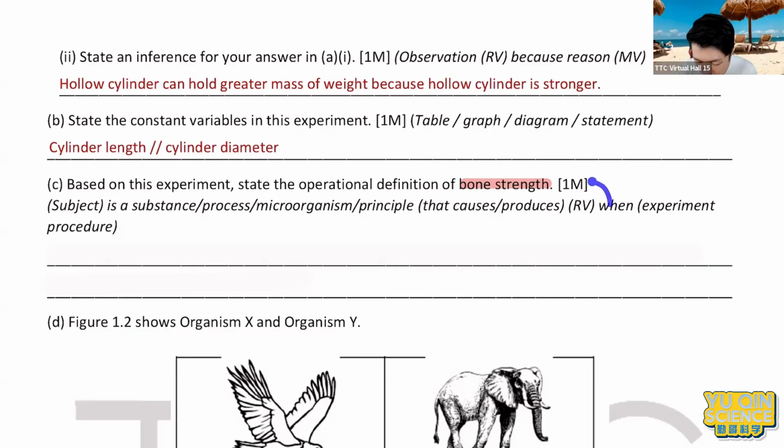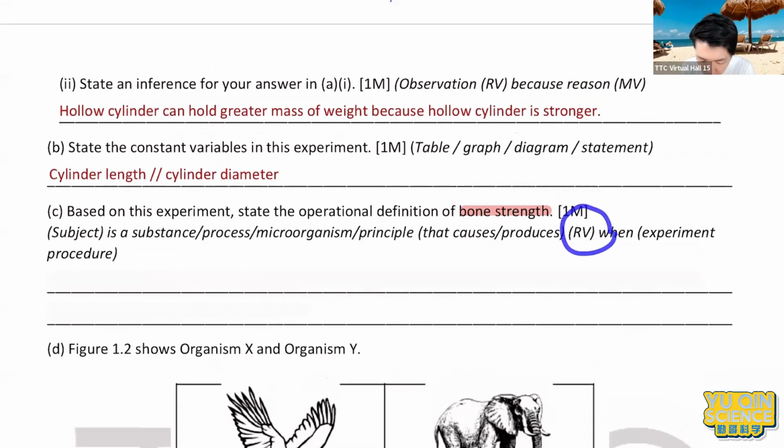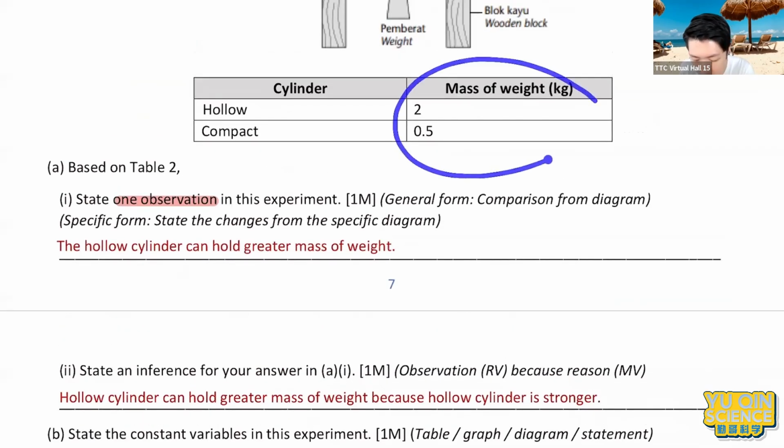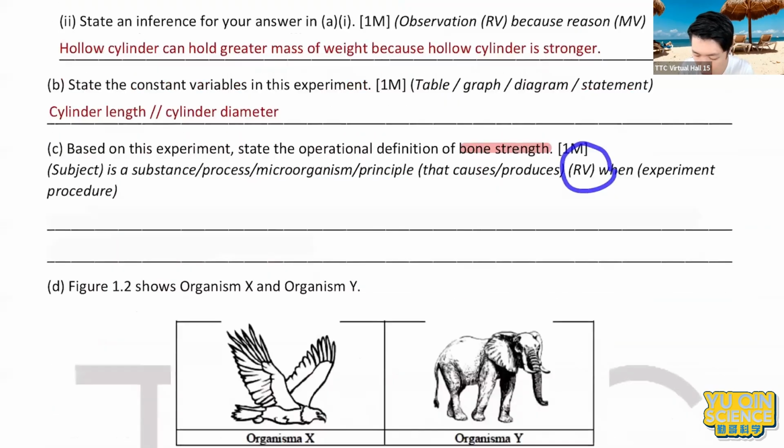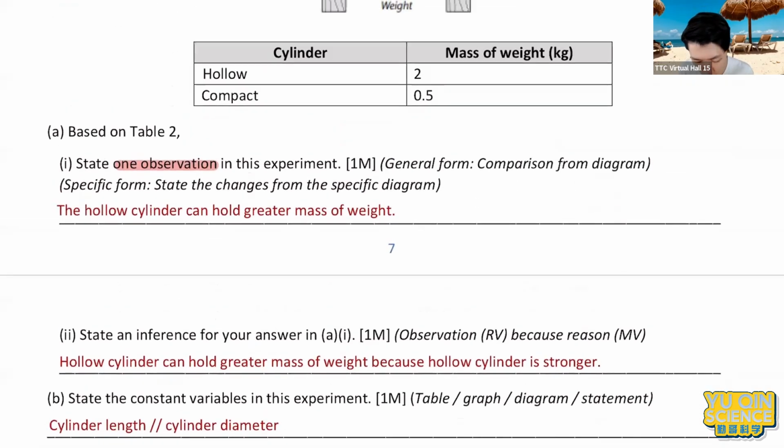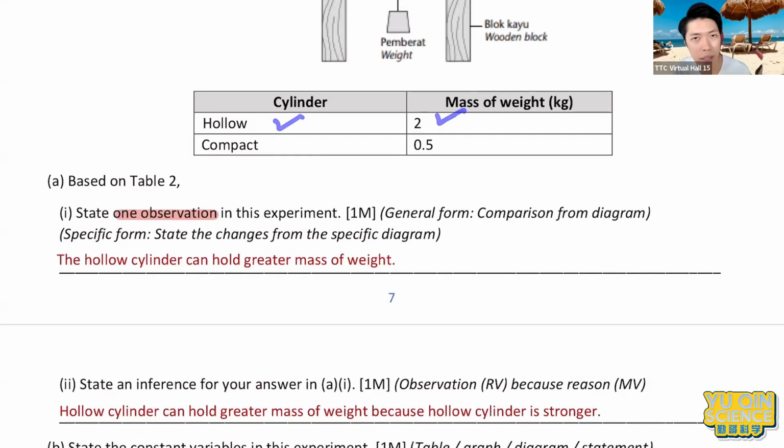Your responding variable. Let's check your responding variable again, followed by your experiment procedure. Now, I want to talk about the responding variable a bit here. We need to choose either one to talk about. Let's say I would like to focus on hollow bone, then I want to say that it can hold more weights.